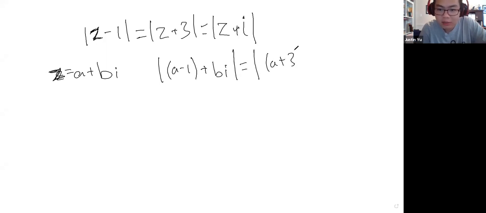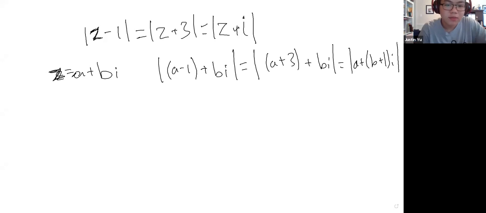And notice how I'm continuing to keep my work organized, grouping the real parts and the imaginary parts. So does anybody remember the formula for the magnitude of a plus bi?